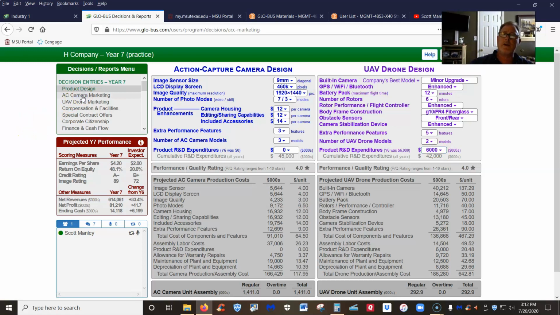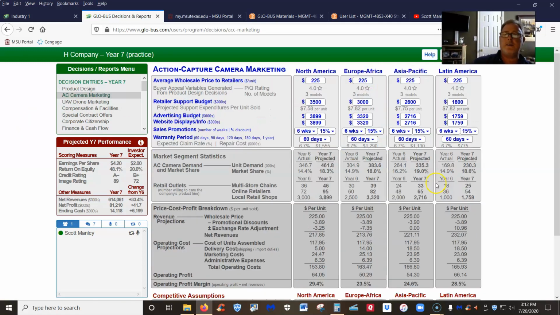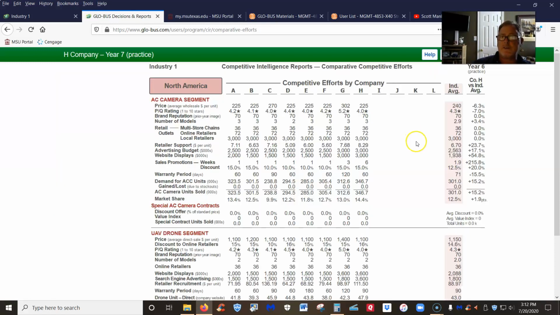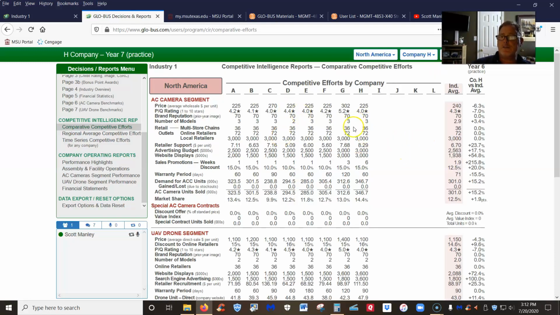For action capture camera marketing, my goal was to be above average on advertising expenditures, to hold the line on price, to try to keep my margins where they had been. So what did I do? I'm Team H here. I kept the price exactly the same, but look at my advertising expenditures.